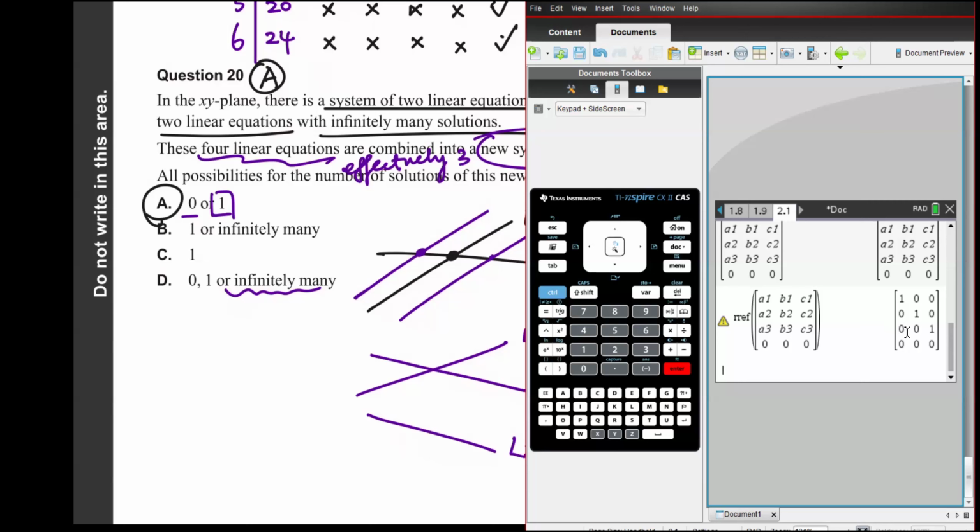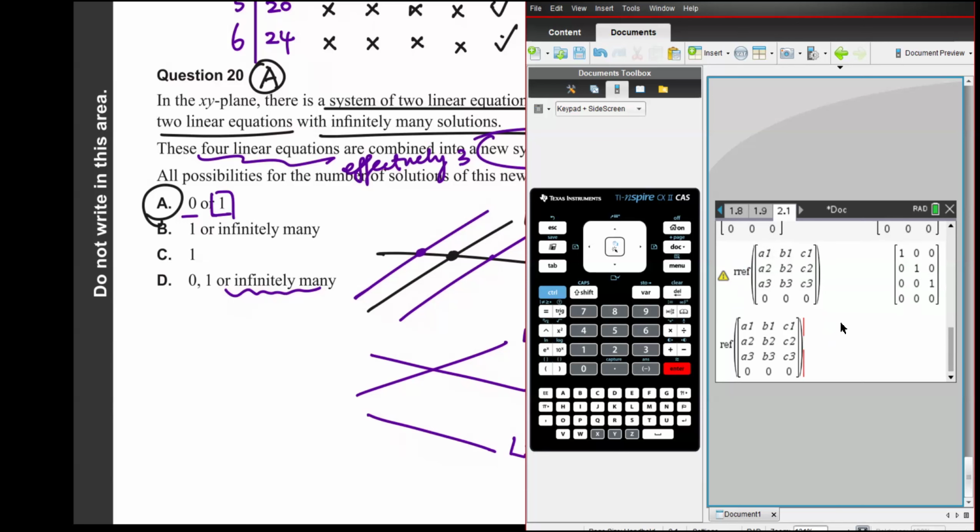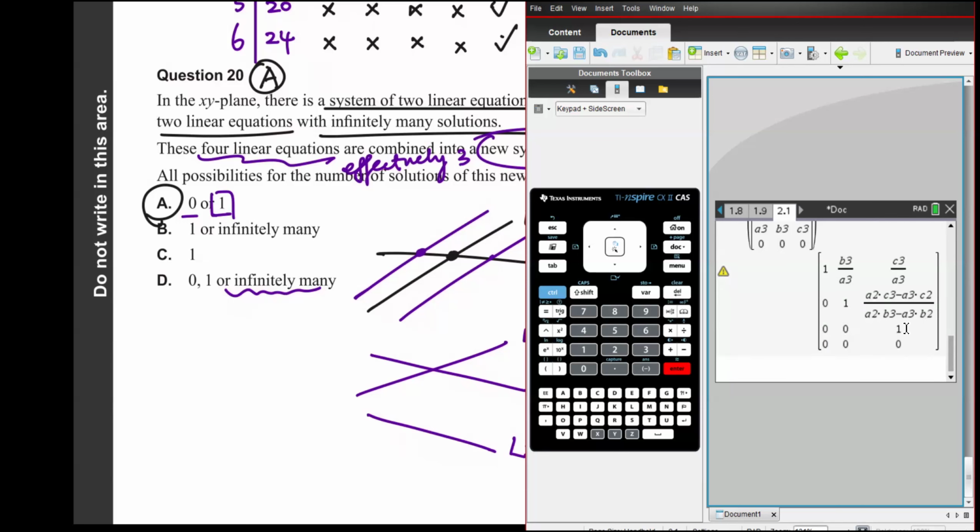But eventually, it's either no solution or zero solution. Without a reduced row echelon form, I just get a row echelon form. For example, you can see these entries, like eventually you would get 0x plus 0y equals to 1. And this is not true. We can discard that.